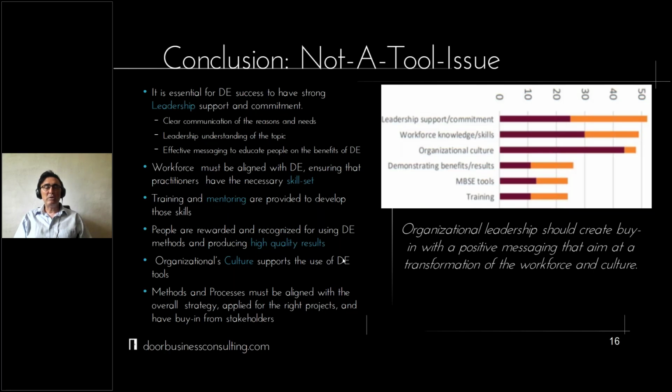And they started to take shortcuts, and the results were not high quality. So if leadership doesn't understand that high quality pays off in the long term, there's nothing that the people in the field can do to help. So leadership needs to provide clear communication of the reason and the needs for that.